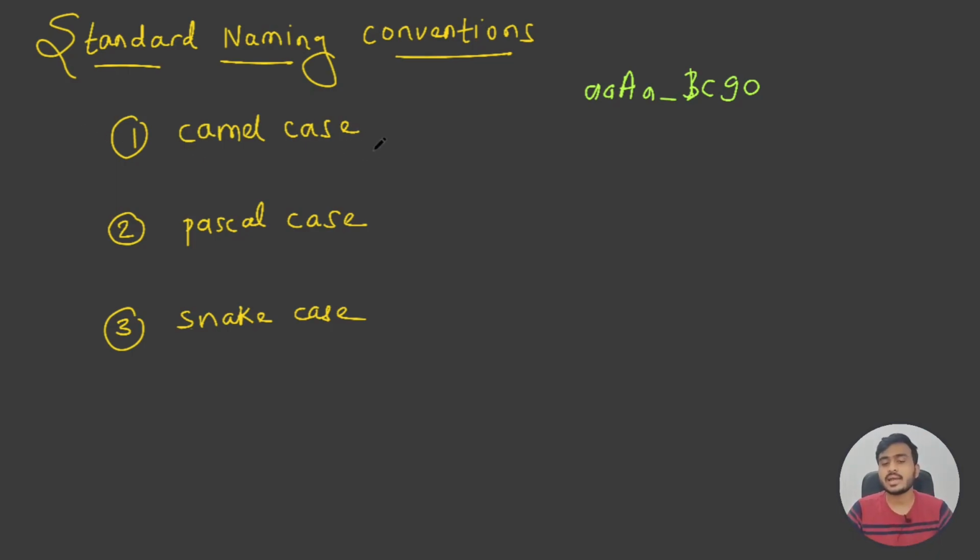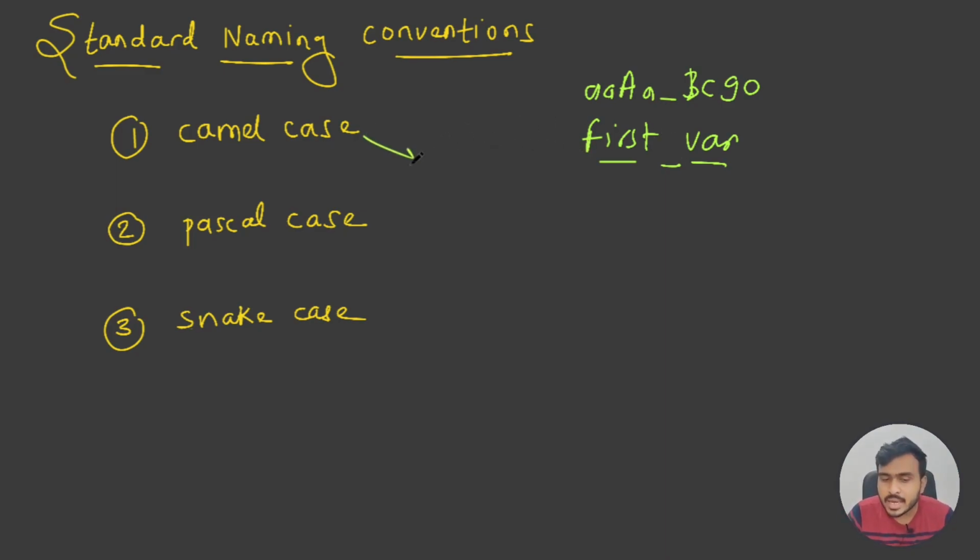So let's quickly get started with a variable name. Let's say I want to name my variable first var. We know that a variable name cannot have spaces in between, so you need to combine these two words. Let's see how we can combine these two words in camel case.